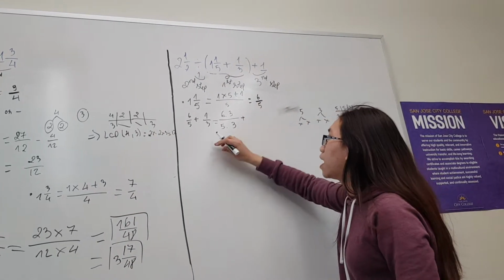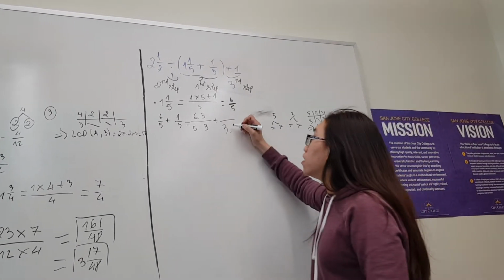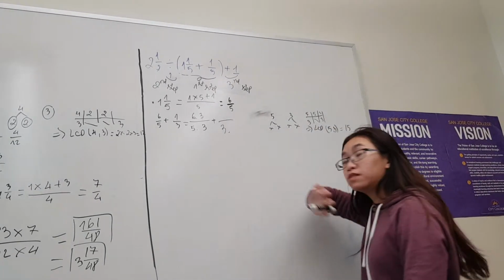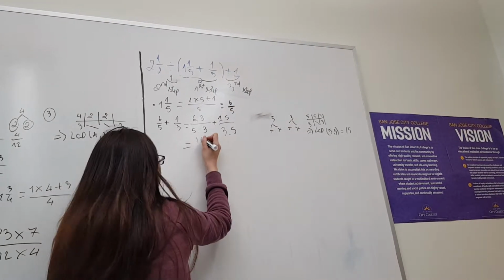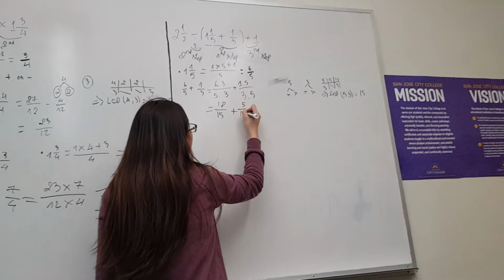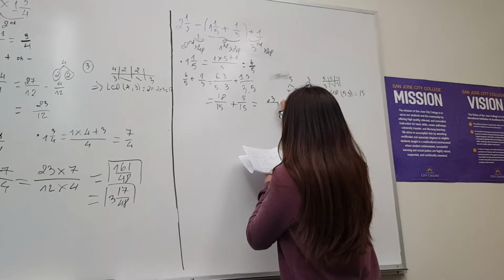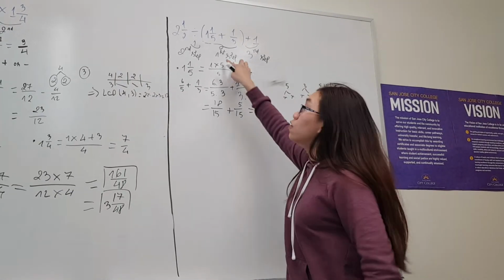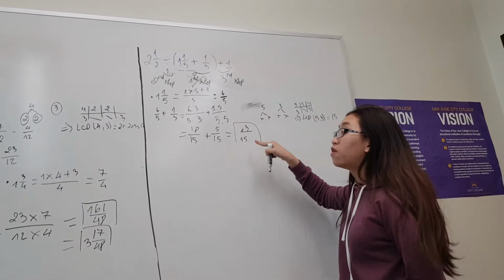And how many times 3 equals 15? 3 times 5. And you have 18/15 plus 5/15. You have 23/15. Oh, you finished the first step. My answer, the first step, 23/15.